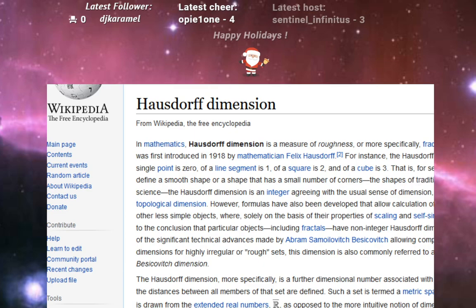For instance, the Hausdorff dimension of a single point is 0, a line segment is 1, a square is 2, a cube is 3. So according to this definition, it's using those numbers as a means of relating what we normally think of in dimension to fractal dimensions. So here it is, right in black and white and blue.